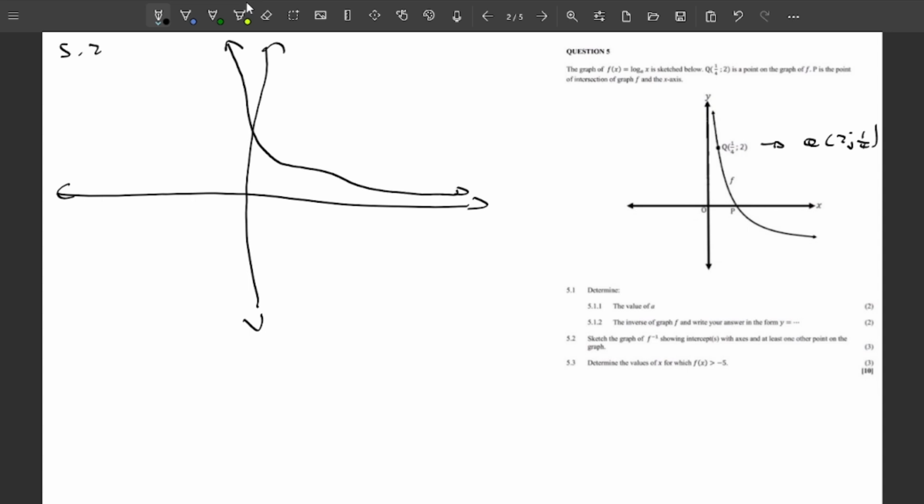Now for anyone who's wondering, how did you know that there's going to be an intercept? Remember there's p here, so the p is the intersection. Now let me do it for you so that you can see. It's going to be 0 and 1.